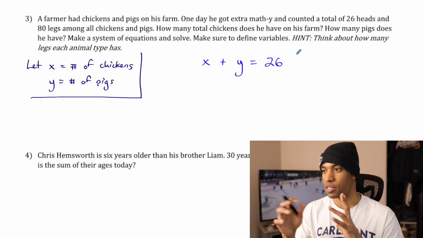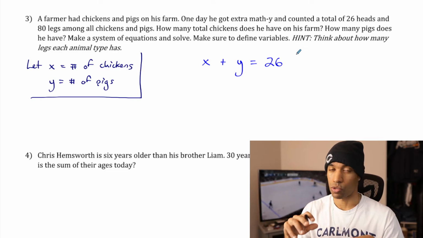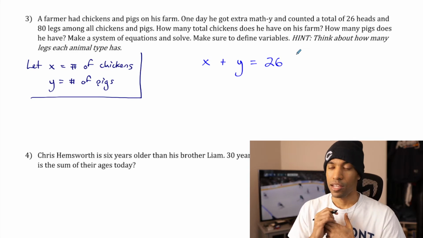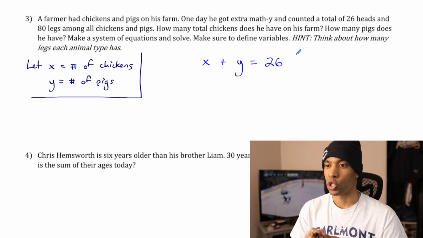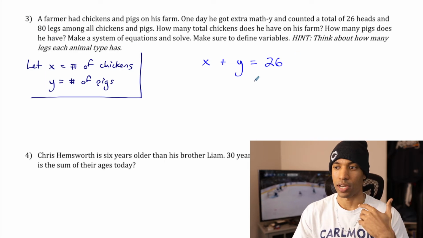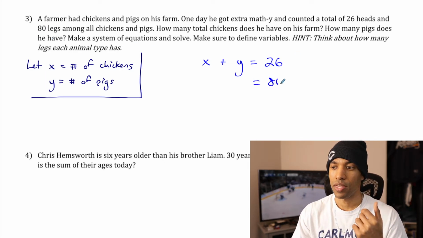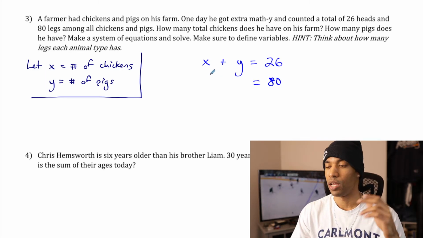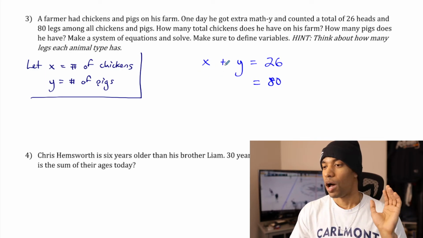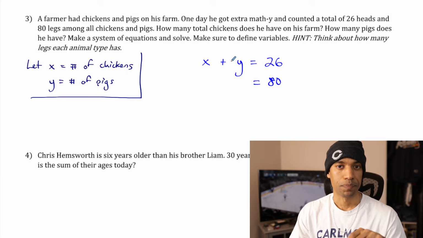Now, another part of this has to do with the values associated to the legs. Each chicken has 2 legs. So when you're trying to get a legs equation, 80 legs total, something is combining legs. Number of legs of all chickens, 2 legs each, 4 legs each per pig.